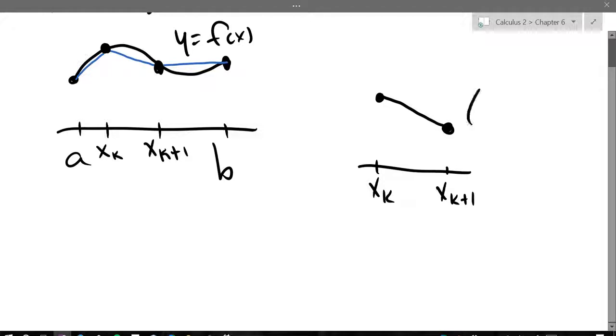If I label these points, their x-coordinates are definitely xk and xk plus 1. How do I get the y-coordinates? I have my function y equals f of x. So I could write yk plus 1, but what I'm going to write instead is f of xk plus 1.